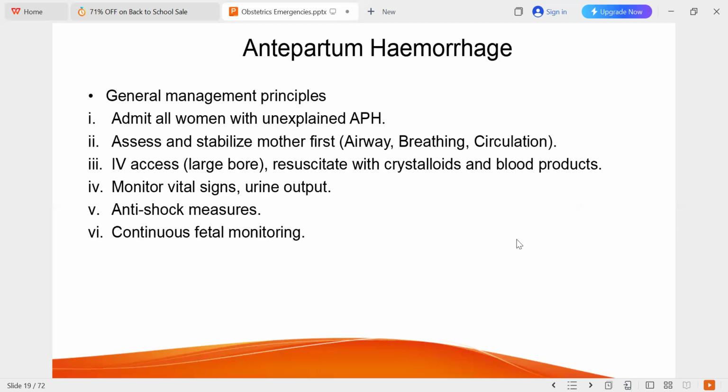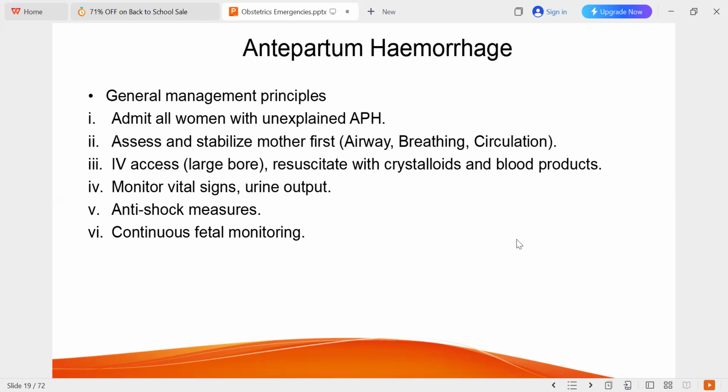So what are the management principles? Every woman with unexplained antepartum hemorrhage must be admitted to a high dependency unit. And high dependency unit does not mean that it must be ICU. The maternity ward itself, the labor room, is a high dependency unit. I remember those days in UBTH, we used to have HDU in the labor ward.